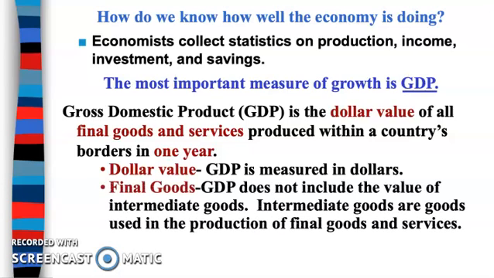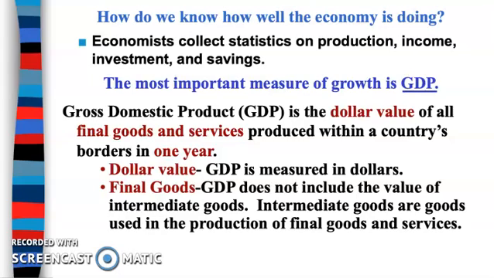The other thing that we want to look at is final goods and final services as well. And GDP does not calculate the value of what we call intermediate goods. An intermediate good is any good that's created in the process of making a final good.